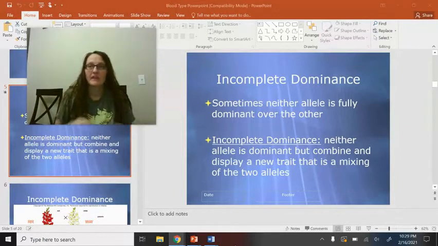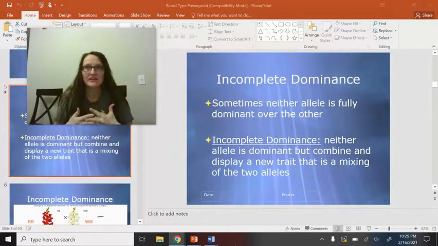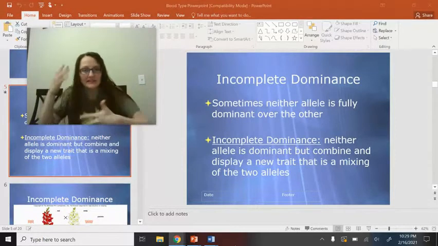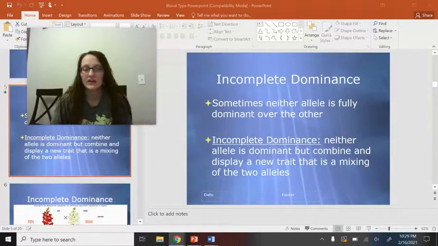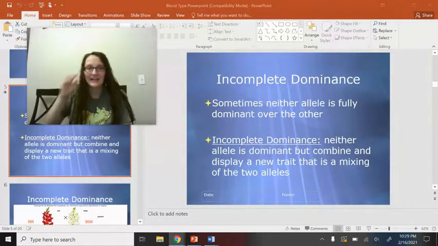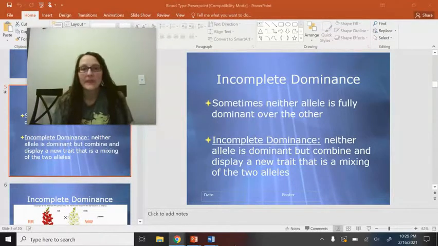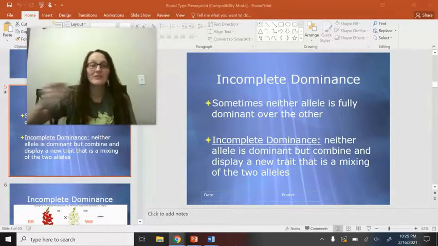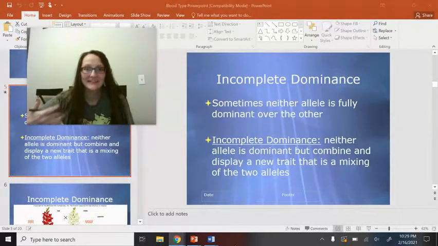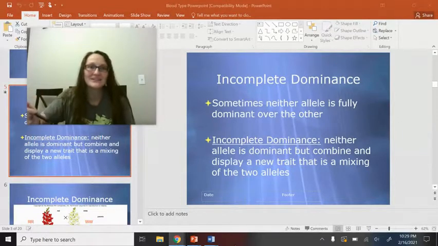Everybody uses the same letter, either a capital or a lowercase combo, and all is very clear. Unfortunately, a lot of science does not work that way, and incomplete dominance is one example where it does not. Fortunately for us, I happen to find this much easier than regular Mendelian genetics, which is already kind of simple, and so I wanted to share this with you guys.